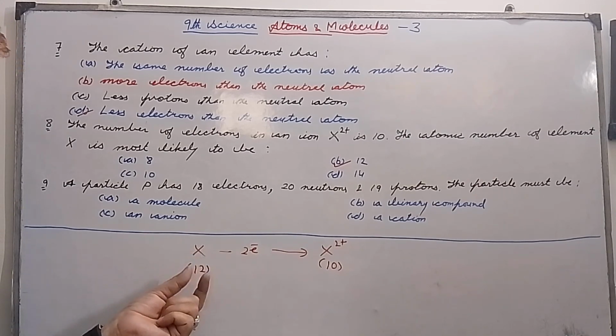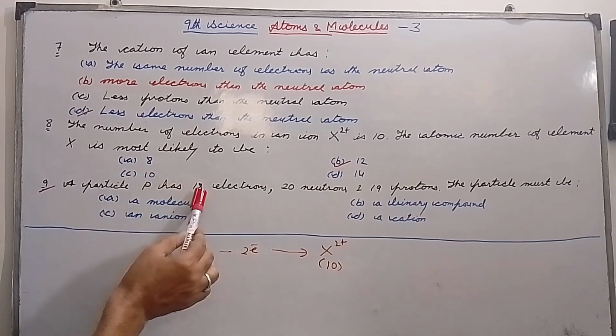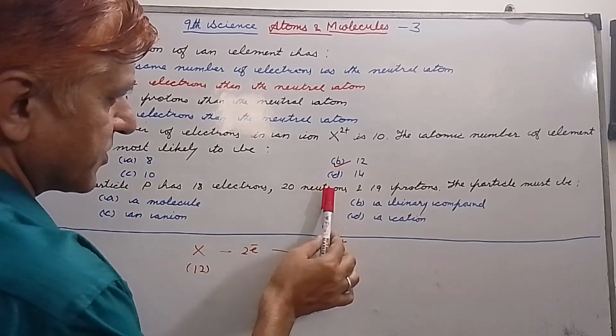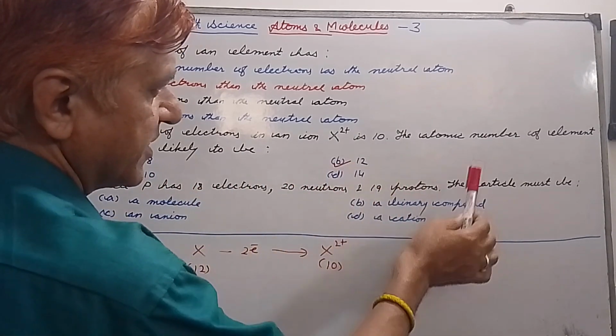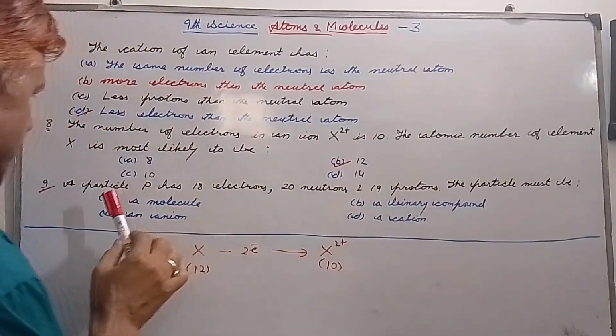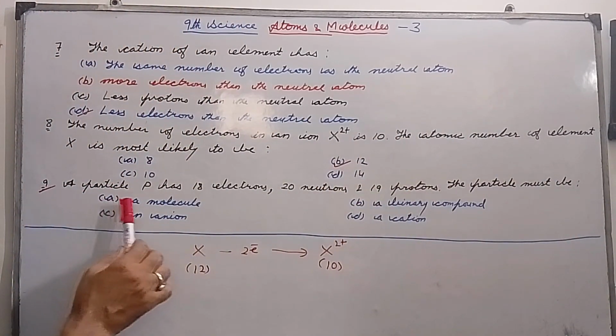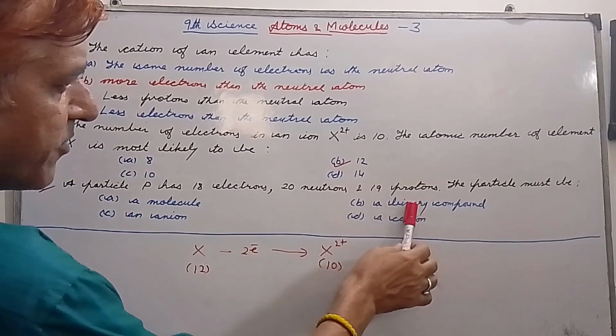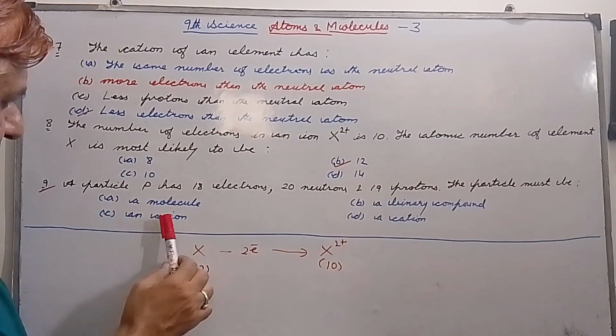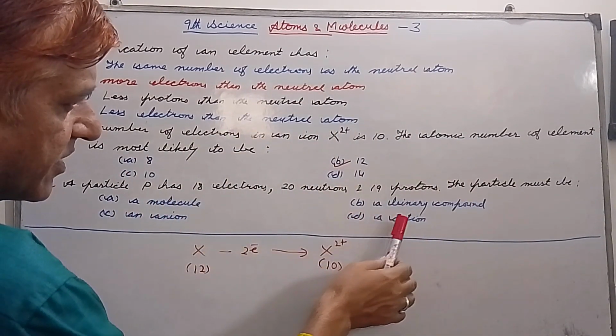Question number 9, last question but not the least. A particle P has 18 electrons, 20 neutrons and 19 protons. The particle must be: first option is a molecule, B is a binary compound, C is an anion, D is a cation.